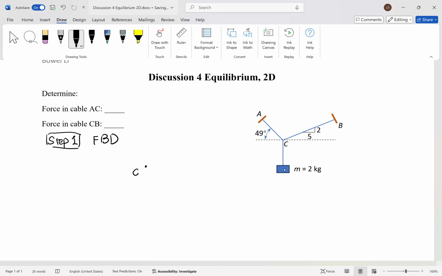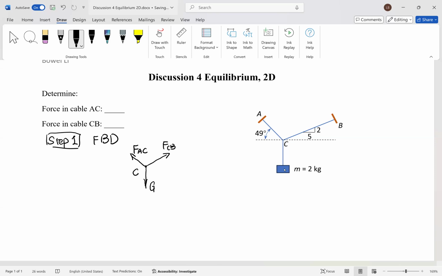And what are the existing connections that have been cut? That is AC, represented by FAC, and CB, represented by FCB, as well as gravity.